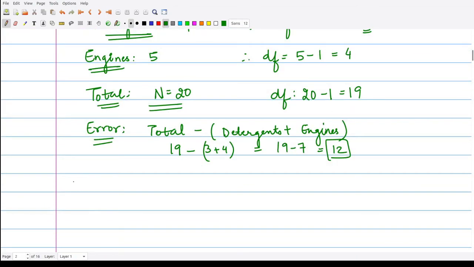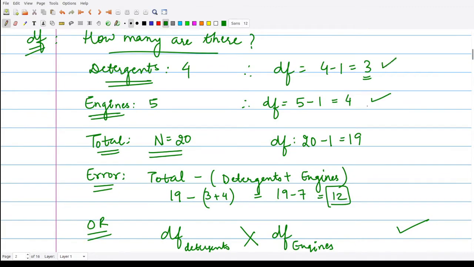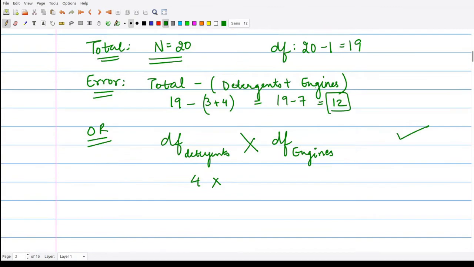Or you can also do it like this: degree of freedom for detergents multiplied by the degree of freedom for engines. This is true whenever you have two-way ANOVA. For detergents it was 3 and for engines it is 4. So we have 3 into 4, that is also equal to 12. So by either method you can calculate this degree of freedom.